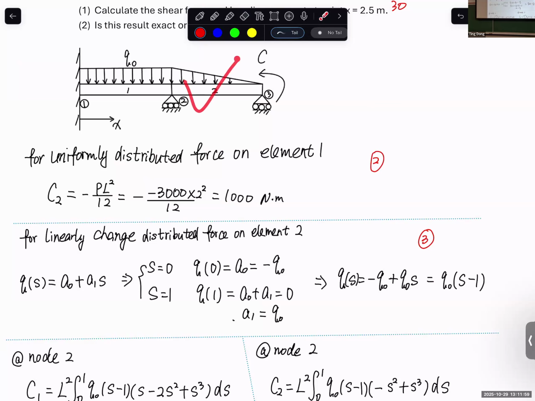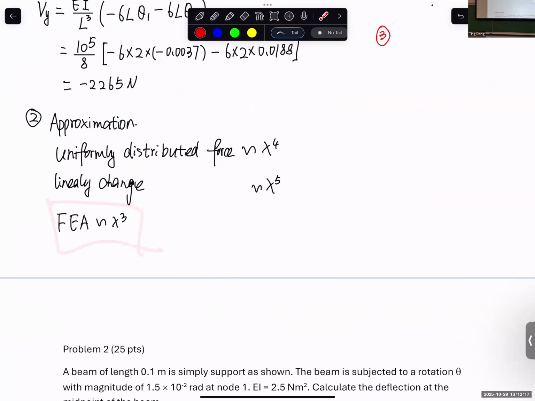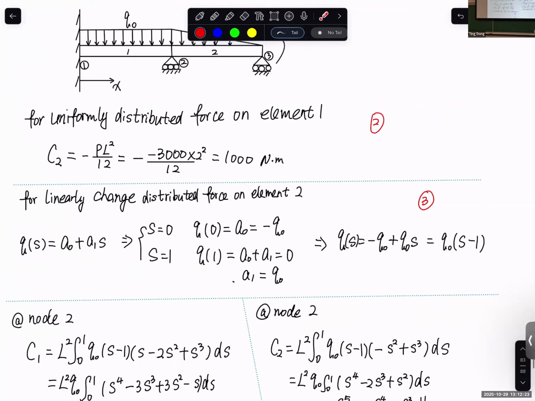I'm not requiring you to say that this is fifth order, because I'm not going that crazy for the explanation part. So this should be fourth order, this should be fifth order, which is what you learn from mechanics of materials. But our FEA uses a cubic polynomial. You explain that in FEA, our interpolation uses a cubic polynomial, which means it's an approximation.